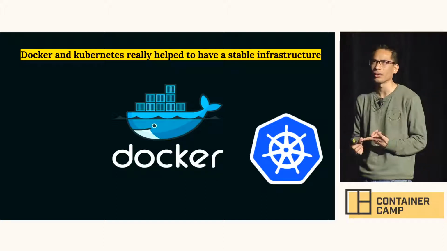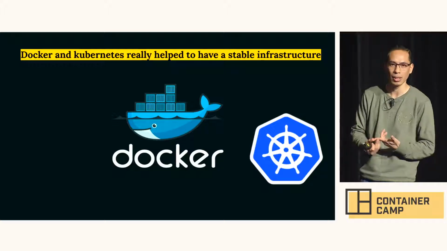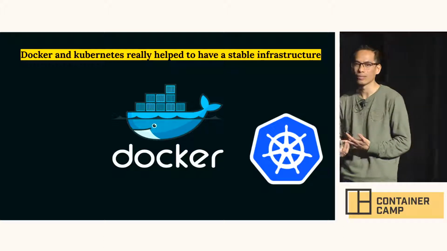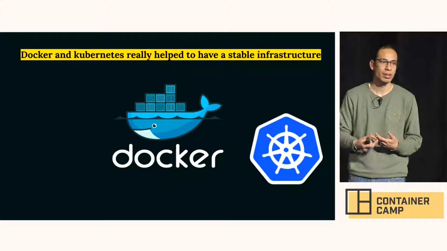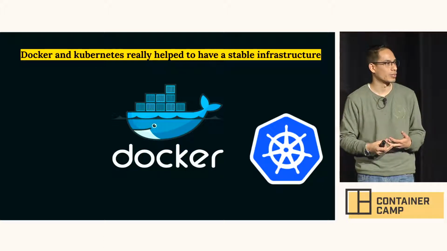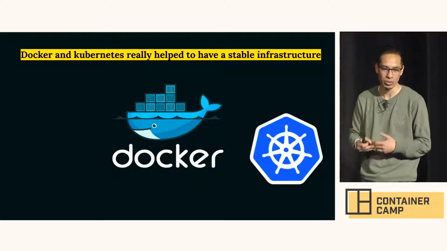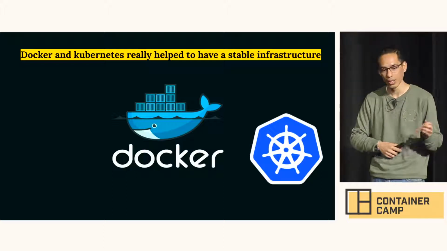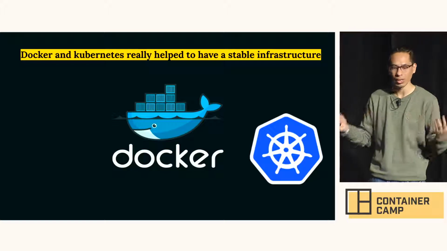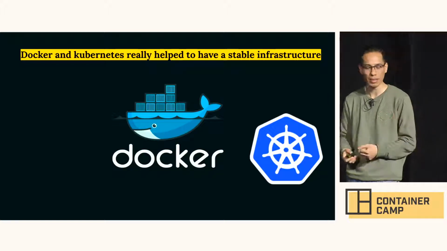We started using Docker, I think, in 2014, 15, something like that, and in 2016 itself, we had Kubernetes in production. Someone was telling me that it's a bit ahead of the curve, but in 2016, I remember we had Kubernetes in production. That helped us a lot for things like networking, all the artifacts that Kubernetes provides.